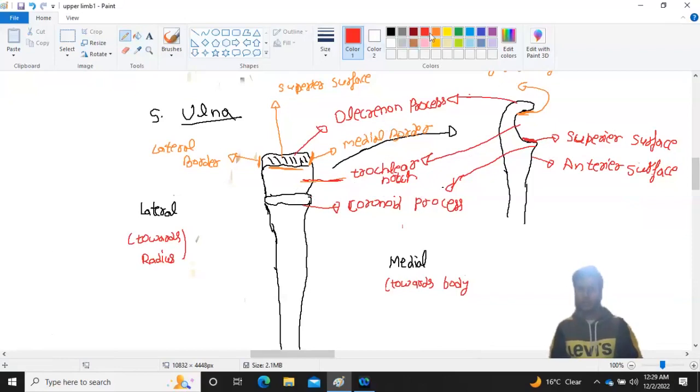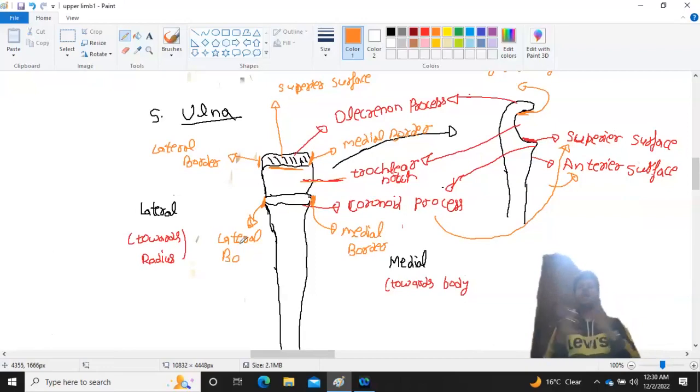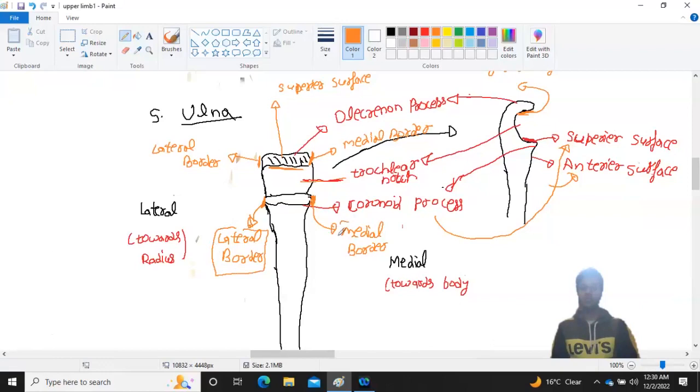So these are the parts of the coronoid process, and borders also, 1 and 2. Medial border and lateral border. Because these are flat, sheet-like things, they mostly have superior and inferior surfaces, and borders like corners, so we name them this way. Done. So these are all the things of the coronoid process.